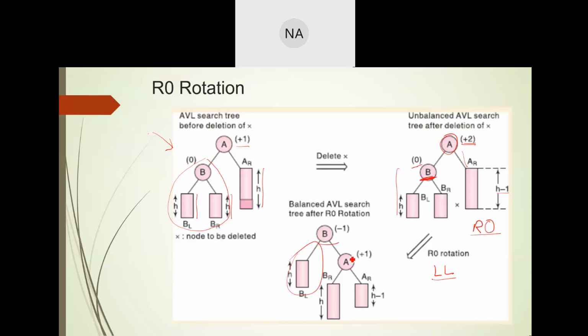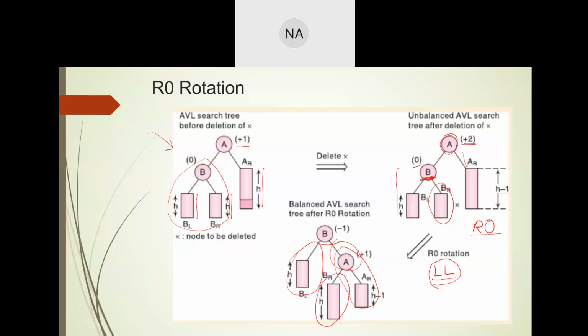Node A is made the right child of node B along with its right subtree, and the right subtree of node B is made the left subtree of node A. These three steps are performed, and these are exactly the same as the LL rotation, right?